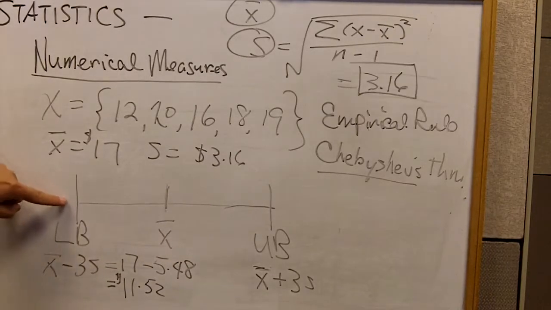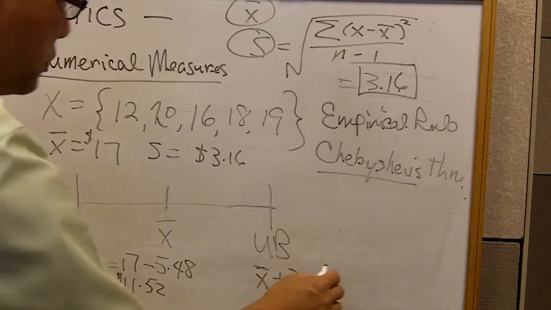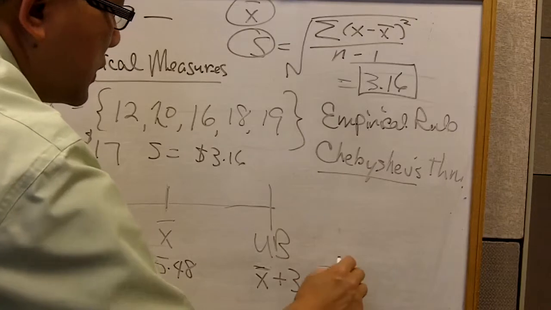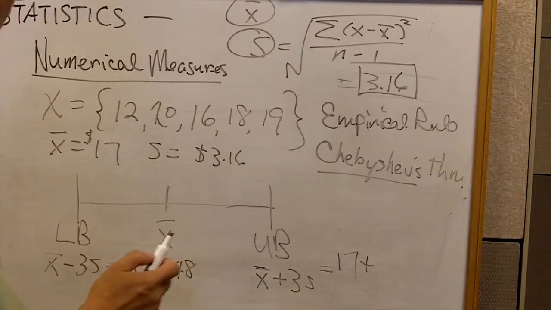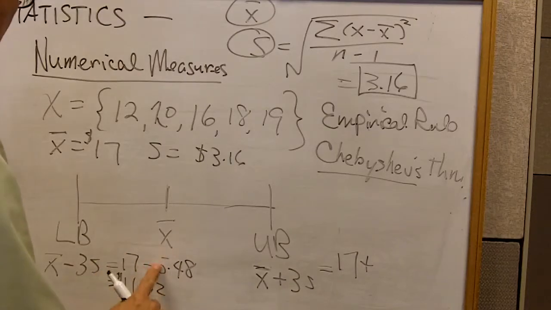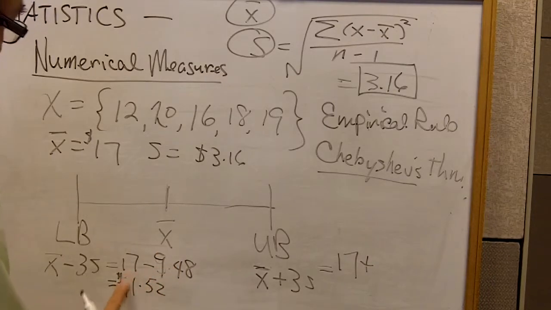So if anybody's hourly wage is below 11.52, we can say that the person's hourly wage represents an outlier if we use the empirical rule. Upper bound is going to be 17 plus 3 times 3.16. Oh, you know what? I got it wrong. It's 9.48. Sorry, I got it totally messed up.